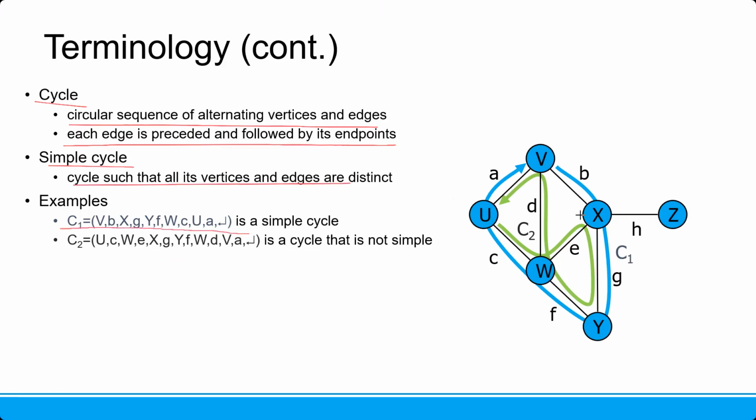Now, you can see cycle C1. Cycle C1 starts from V and then goes to X via B, goes to Y via G, goes to W via F, goes to U via Z, and then goes back to V via A. So if you look at this one, this is a symbol to represent that it goes back to V. So it is a cycle because this is circular.